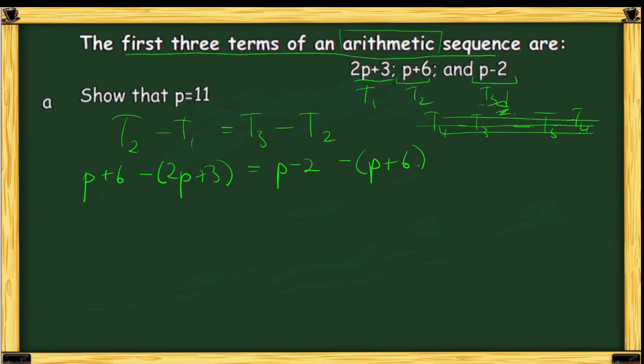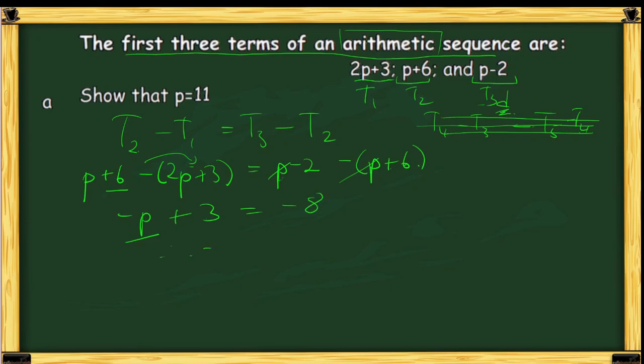This simplifies to minus p plus 3, because we have p minus 2p, that gives us that, and 6, remember, gives us 6 minus 3, then gives us positive 3. P minus p zeroes out, and then minus 2 minus 6 will give us minus 8.